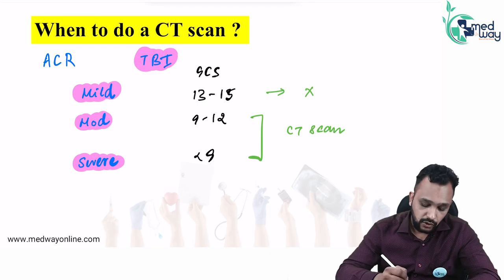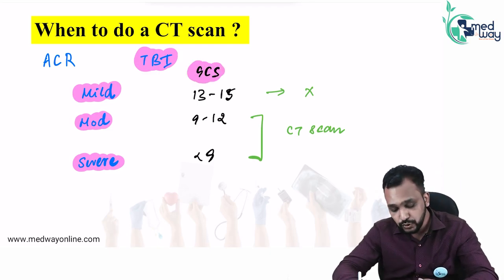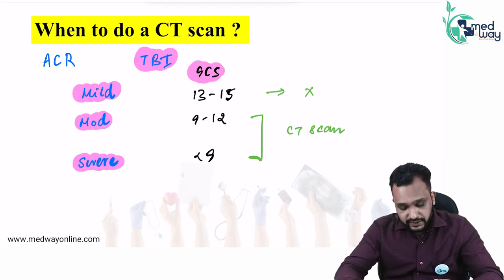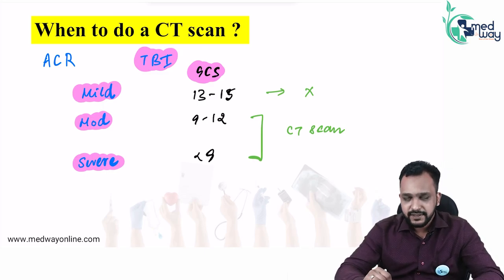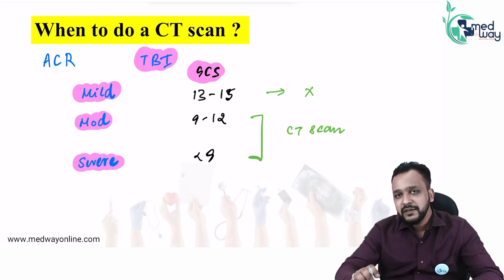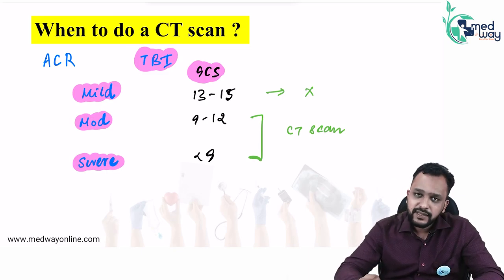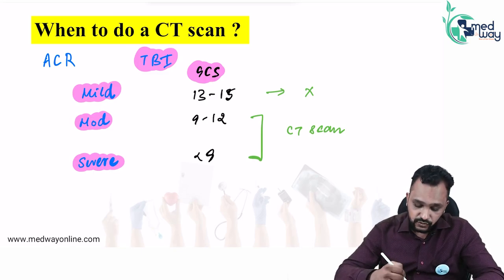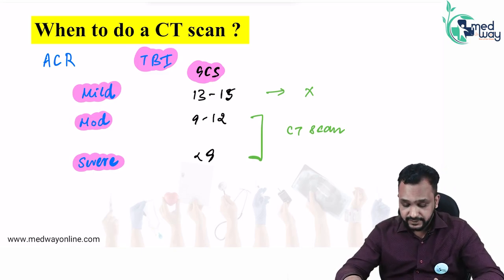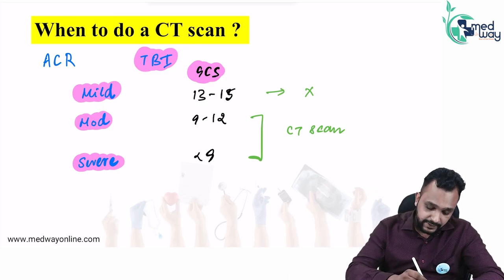It is based on the Glasgow Coma Scale. If the score is between 13 to 15, it is a mild traumatic brain injury. If the score is between 9 to 12, it is moderate. And if the score is less than 9, it is a severe traumatic brain injury.